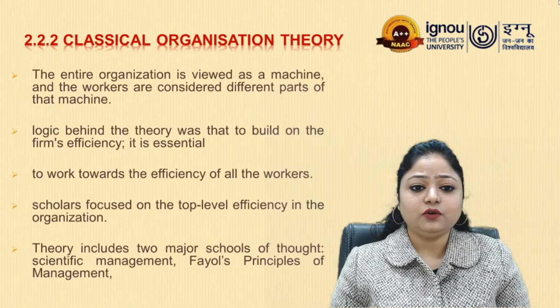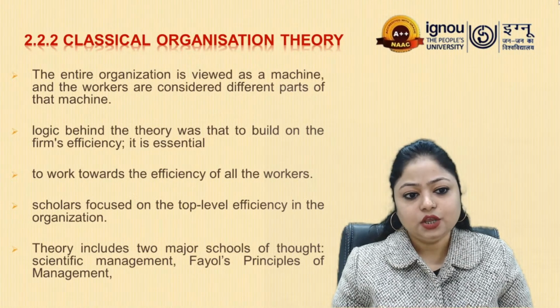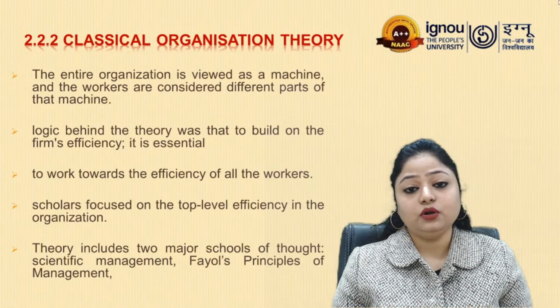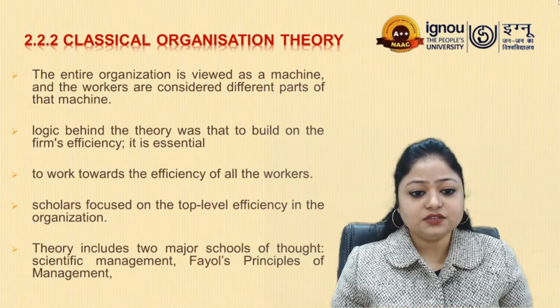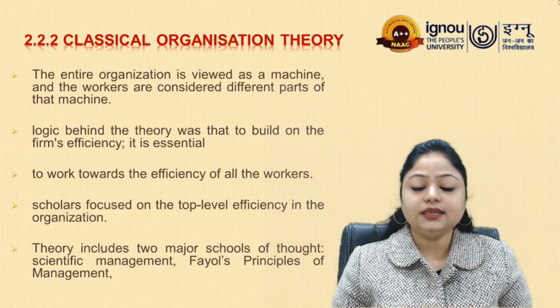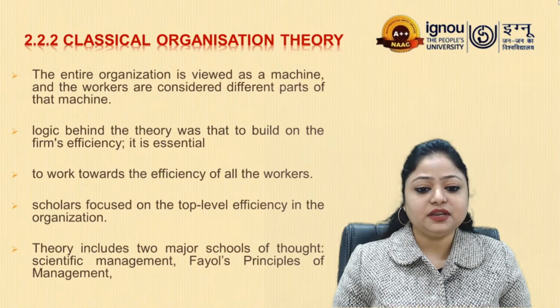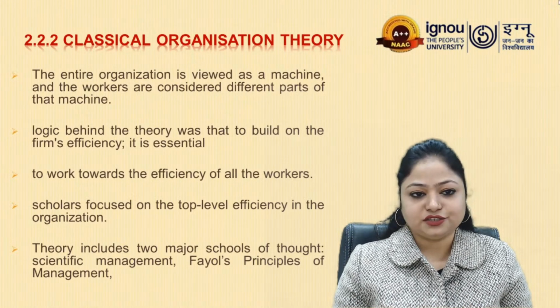The logic behind the theory was that to build on the firm's efficiency, it is essential to work toward the efficiency of all the workers. The scholars focused on top level efficiency in the organization, and the theory includes two major schools of thought, that is scientific management and Fayol's principles of management.